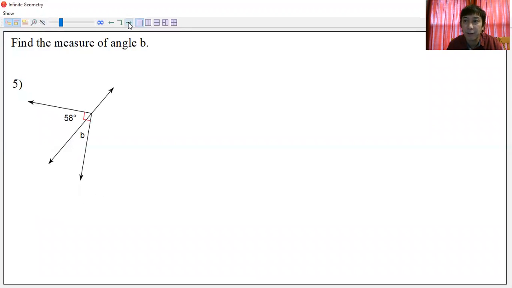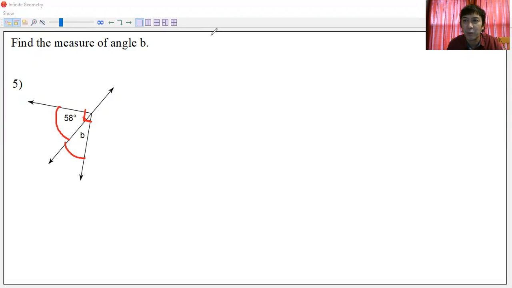Okay, here's number 5. You can see the figure, and there is this symbol over there. That means the sum of the two angles is a right angle, and a right angle measures 90 degrees. So this angle plus this angle means 90 degrees, and so they are complementary.